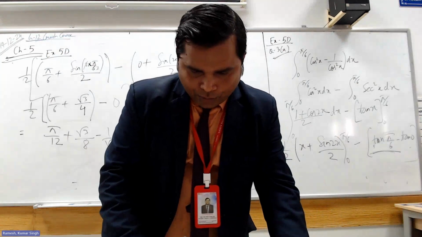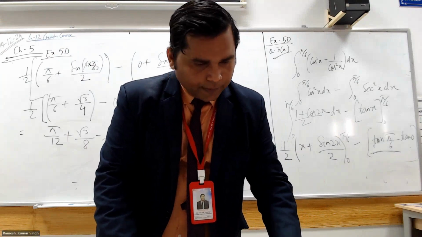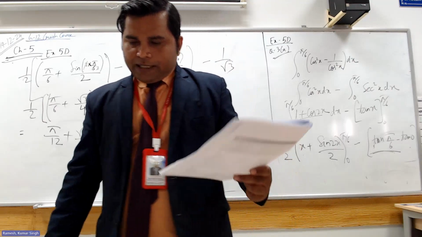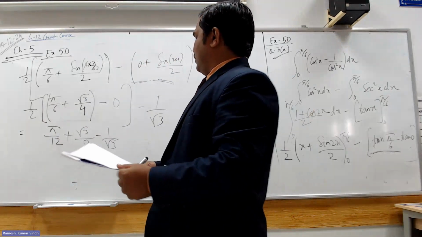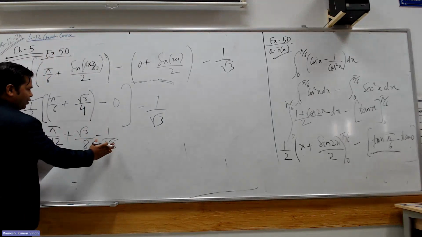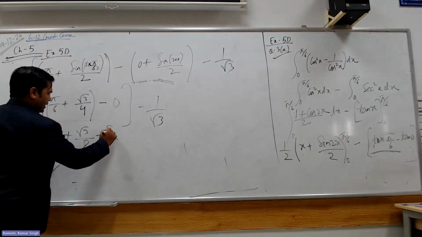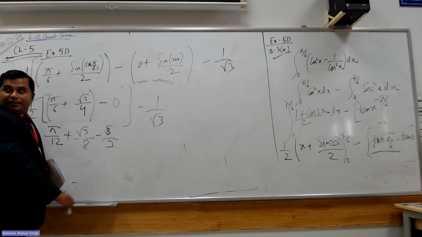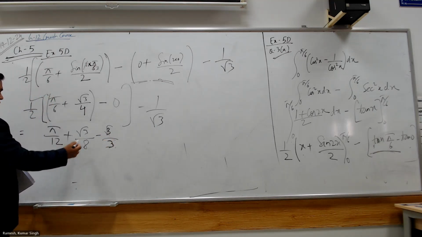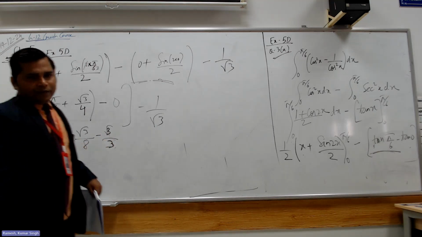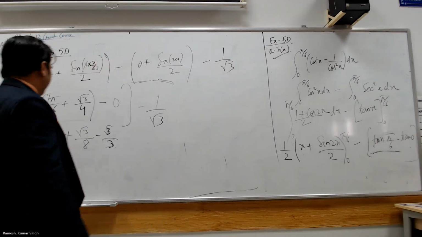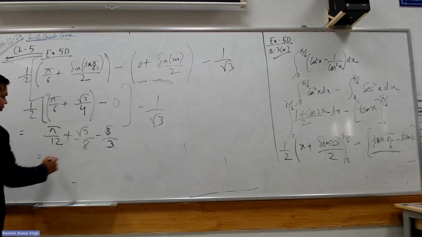The answer given in the book is 2 pi minus 5 root 3 over 24. So this one, 1 over root 3, you can write as root 3 over 3, right? It's the same thing. Now, simplify. We have to bring it to a common denominator.